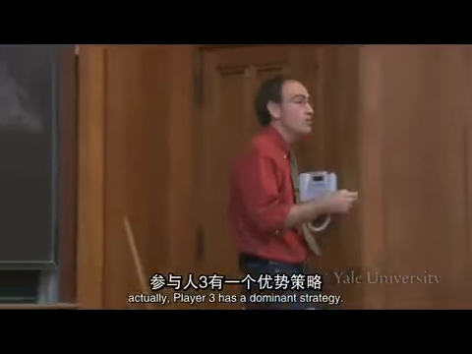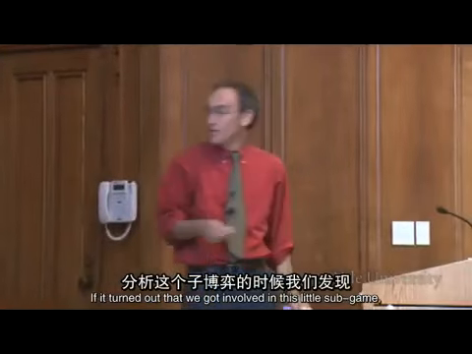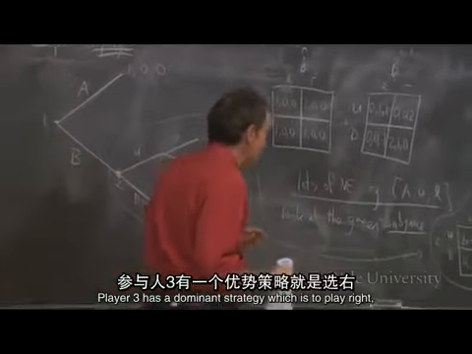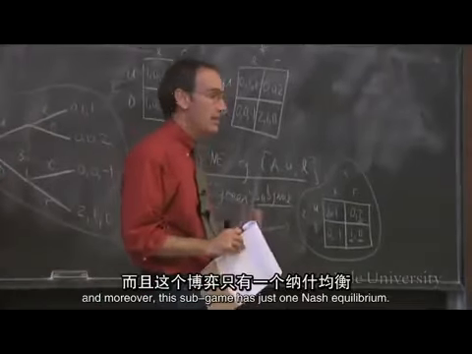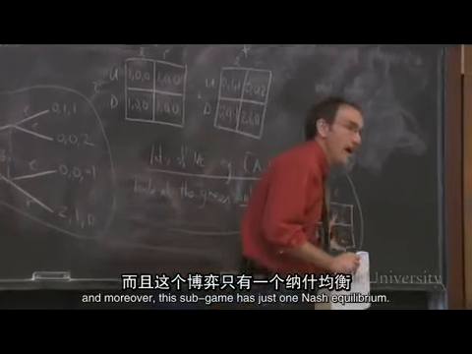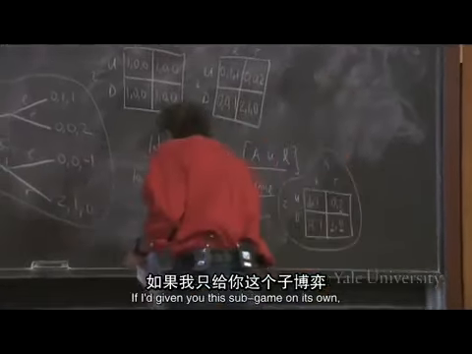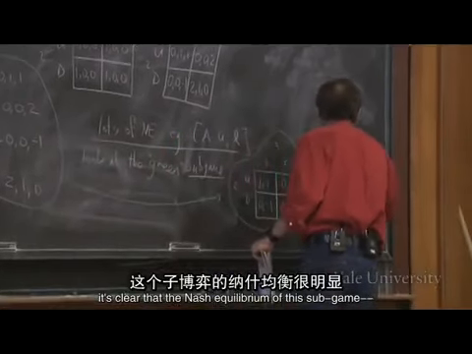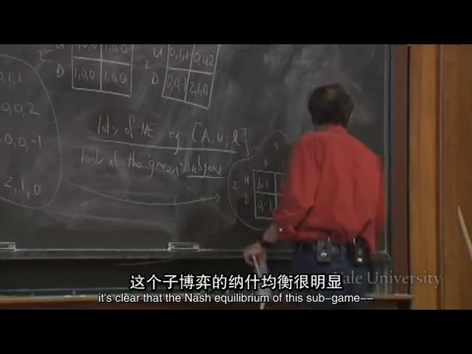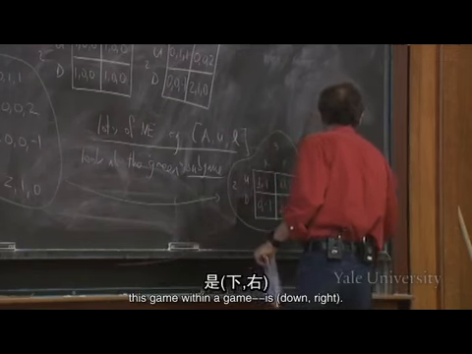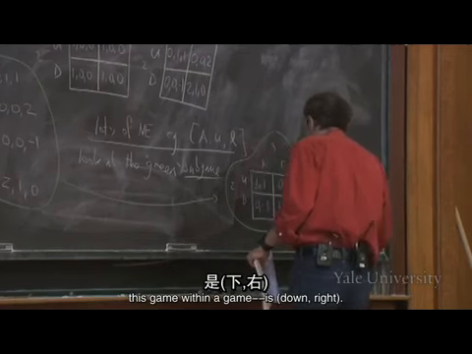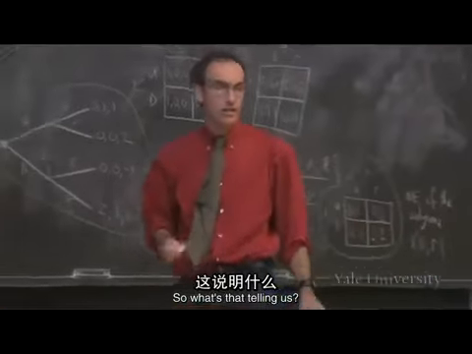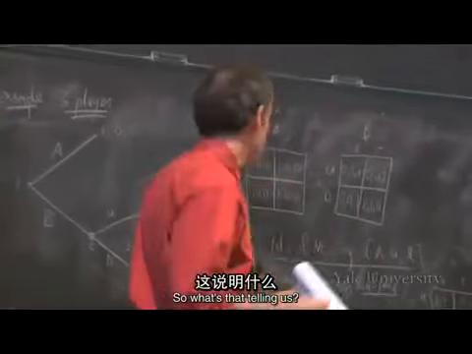So in fact, in this little subgame, player 3 has a dominant strategy, which is to play right. And moreover, this subgame has just one Nash equilibrium. If I'd given you this subgame on its own, it's clear that the Nash equilibrium of this game within a game is down, right. So what's that telling us?